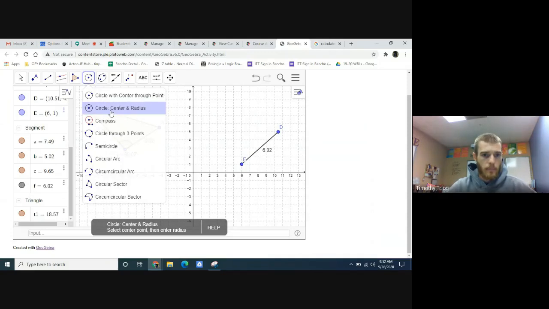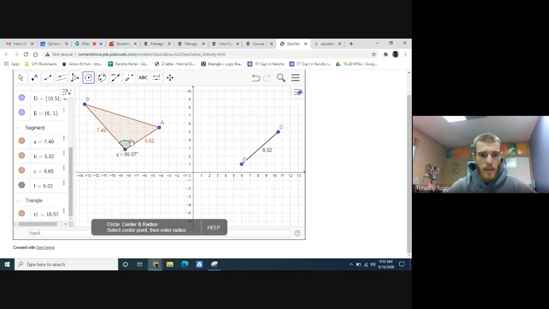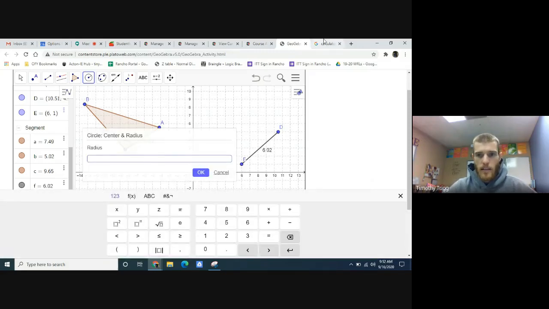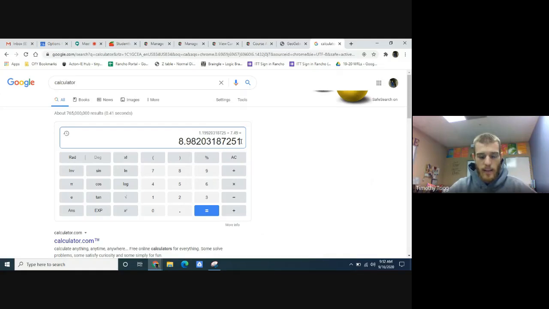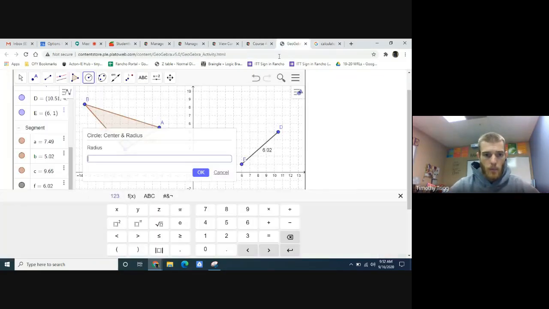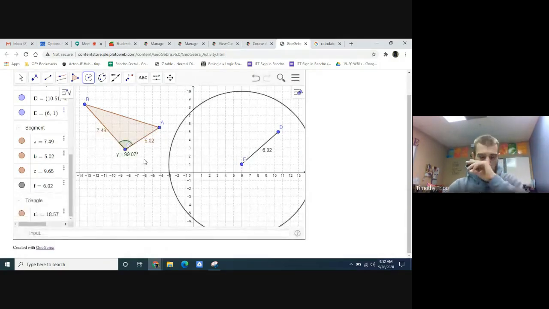Click on point E because point E corresponds with point C. And the radius is going to be this length that you got here from your last calculation. So I'm going to copy that and I'm going to paste it here. Now what I've created is a circle that has the same radius as this. Okay, cool.